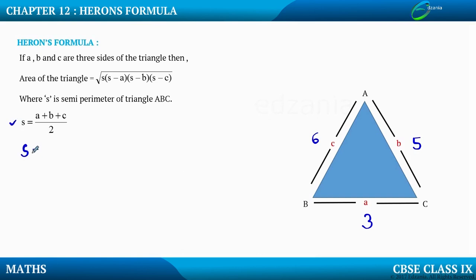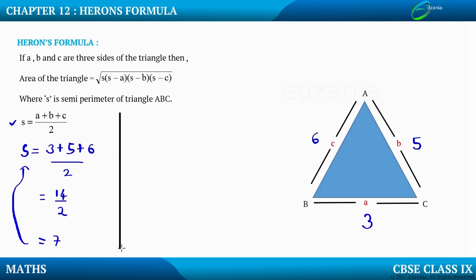I'll get s is equal to 3 plus 5 plus 6 upon 2. So 3 plus 5 is 8, 8 plus 6 is 14. So I'll get 14 upon 2. Now how much is 14 upon 2? 14 upon 2 comes out to be 7. So I got this value of s. Value of s is 7.